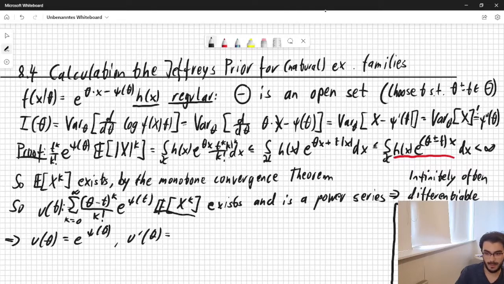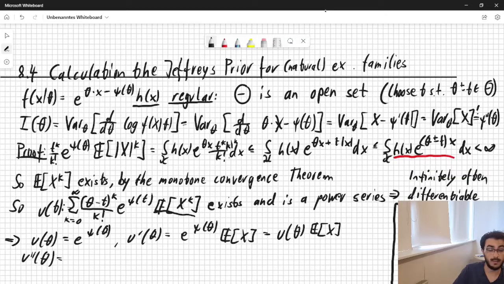This gives e to the power psi of theta times the expectation of x to the power of 1, which is just u of theta times expectation of x. And then the second derivative of u is again u of theta times the expectation of x squared, because that is the case of k being equal to 2.